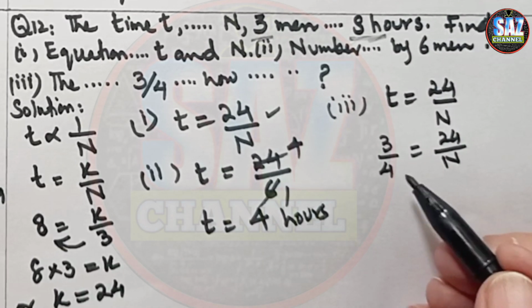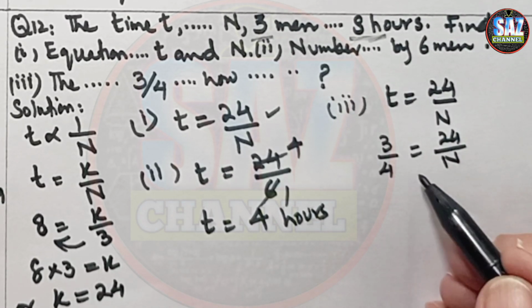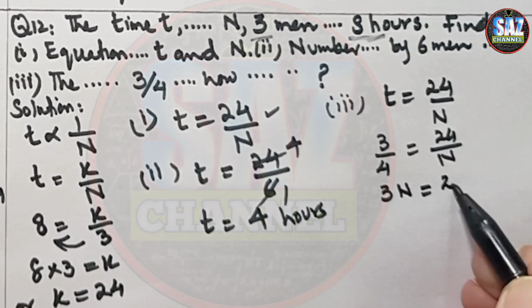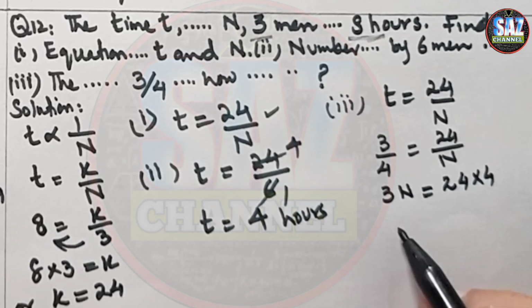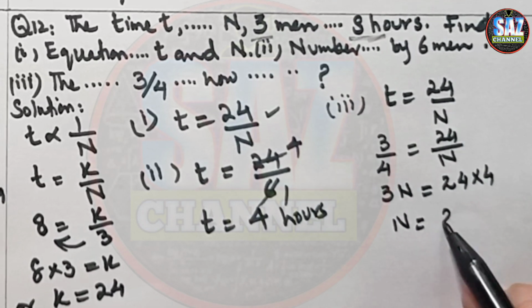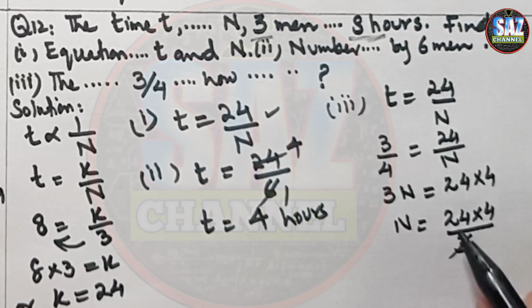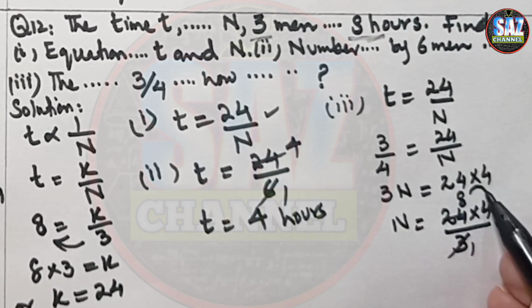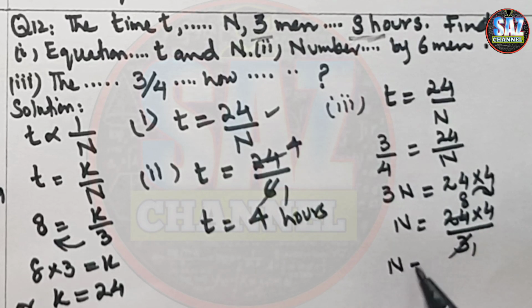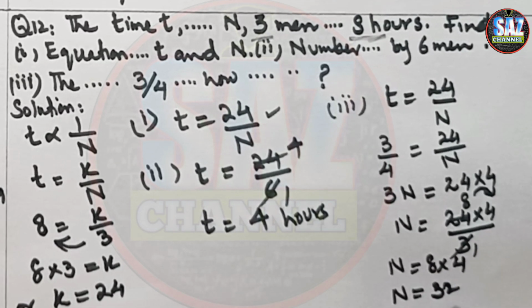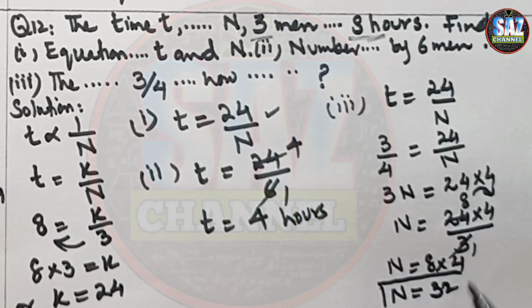So what we can do is go for cross multiplication. 3n equals 24 multiplied by 4, or n equals 24 multiplied by 4 upon 3. 3 eights are 24, so n equals 8 times 4, or n equals 32. So the men are 32, those who will be completing the job in 3 by 4 hours.